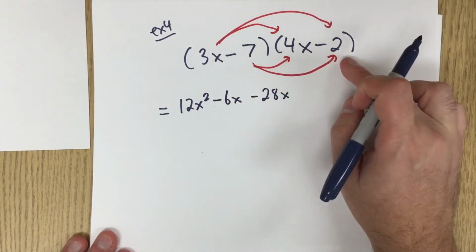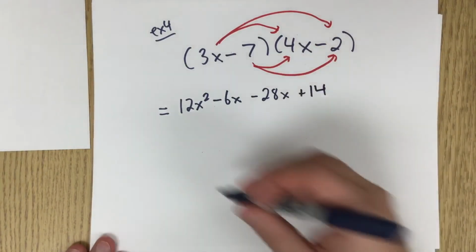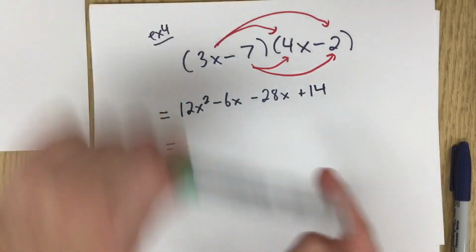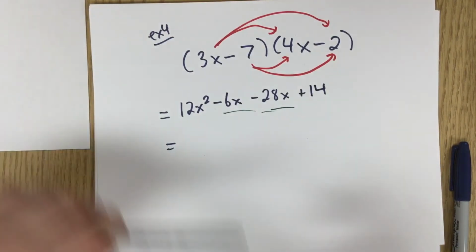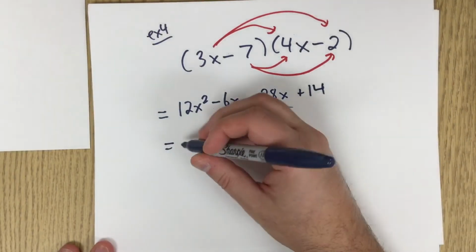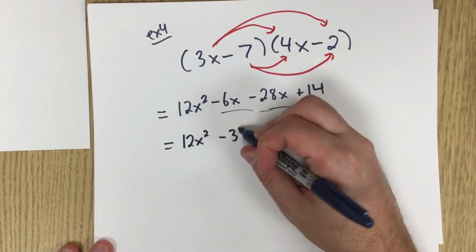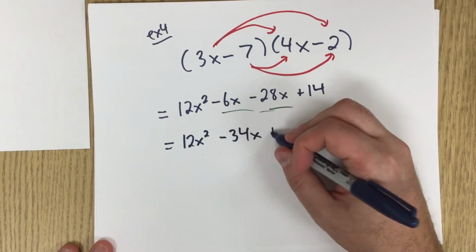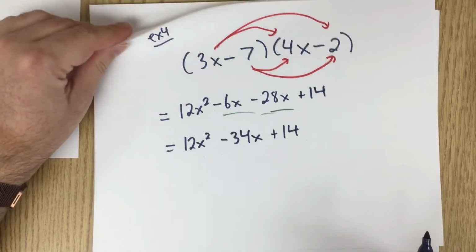And negative 7 times negative 2, a negative times a negative is a positive. We're going to collect the like terms. Those are the like terms. So we're going to have 12x squared minus 34x plus 14. And that's it for example number 4.